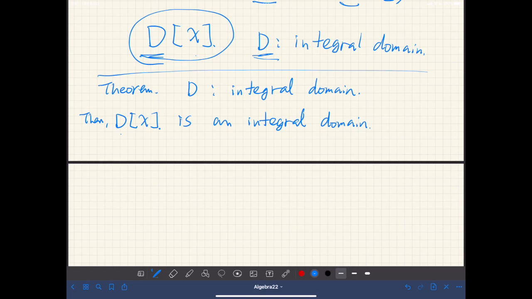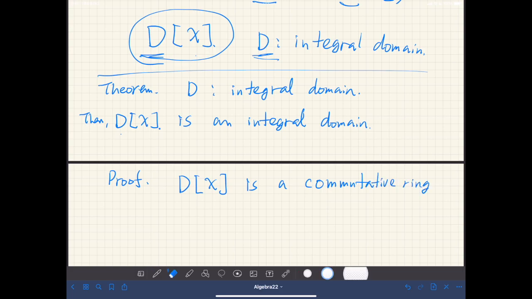Okay. Now let's prove this. Now I think it's clear that this polynomial ring is a commutative ring with an identity.